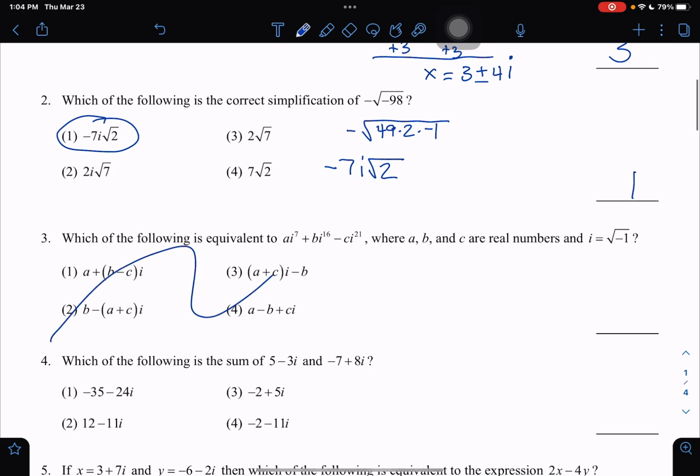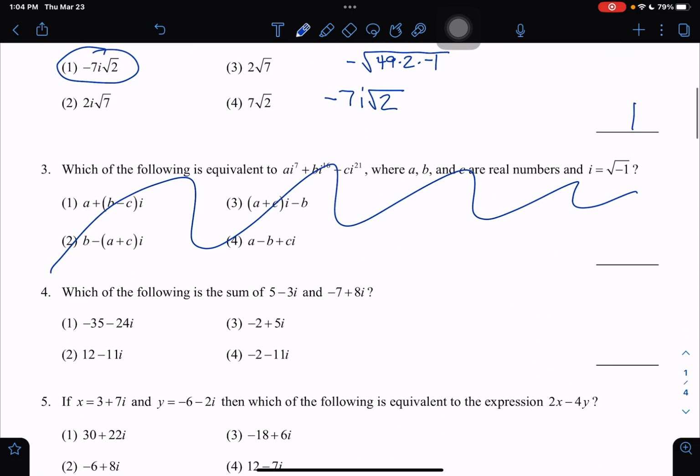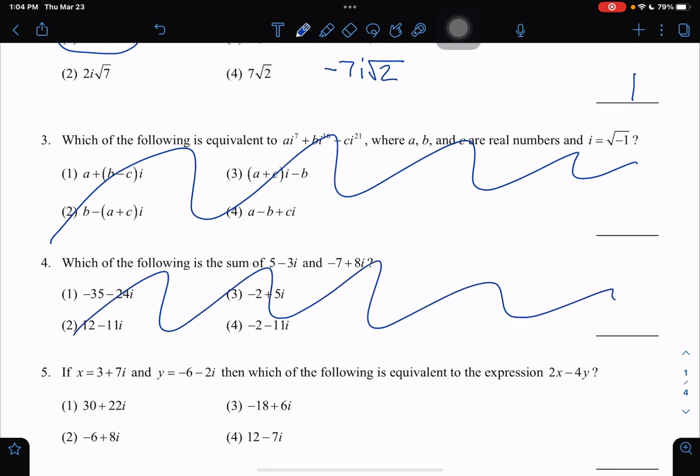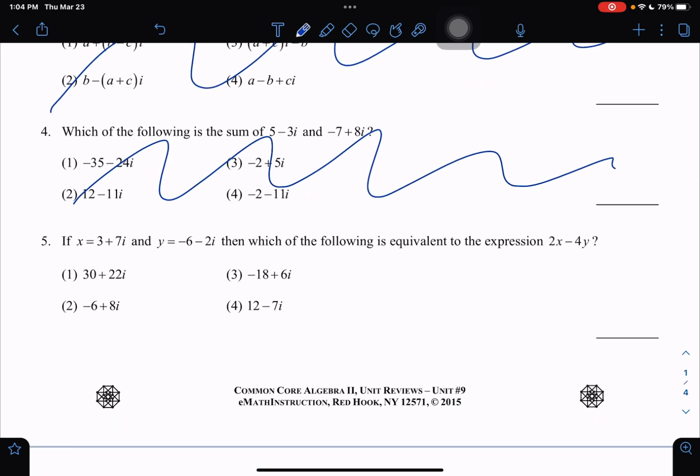All right, I didn't require you to do 3 for tomorrow. This one for tomorrow. But this one we did. So you have this expression over here. 2 times 3 plus 7i. Right, that's the x. Minus 4 times negative 6 times negative 2 minus 2i. Right, we're going to use the distributive property.